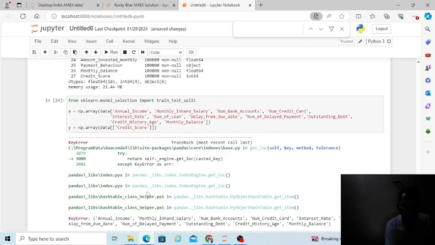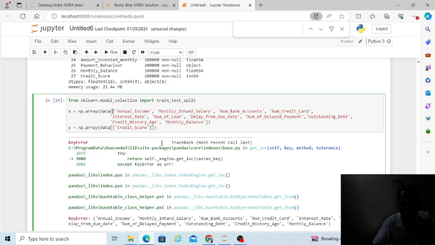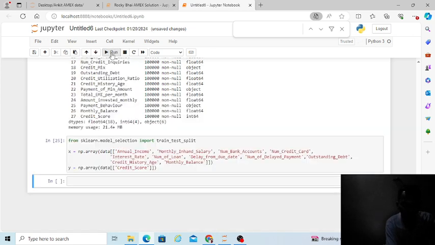I have forgotten to give one more brace over here. That's why it has shown the error. Now it's okay. Now we will train test split our data. X train, X test, Y train, Y test, train test split.